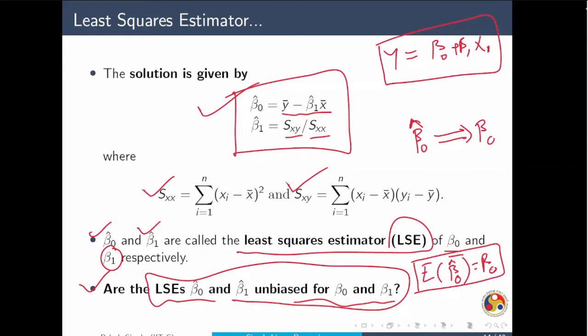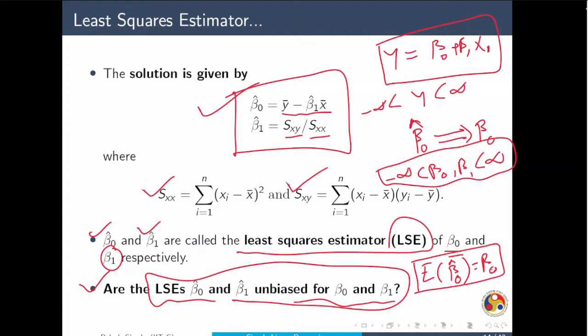So look, y is continuous here in general, right? Technically y can take any value from minus infinity to plus infinity, and so can beta naught and beta 1. Now say for example you are working with height versus weight data.